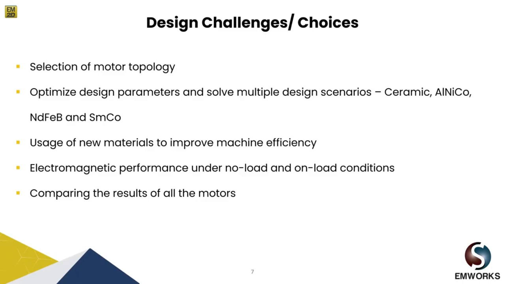So estimating these parameters and the losses which generate heat in the motor is one of the major challenges while designing the motor. Another characteristic of the motor is high speed operation, that is, during the flux weakening mode, and also obtaining its efficiency plot at different torque and speed.